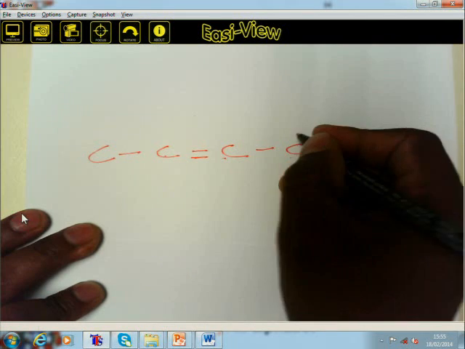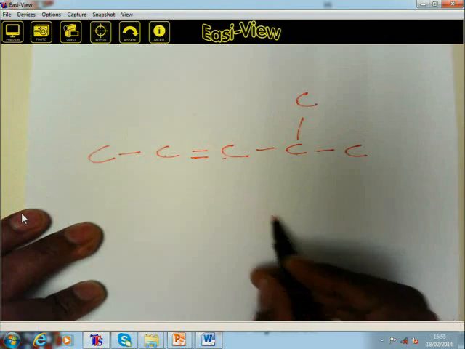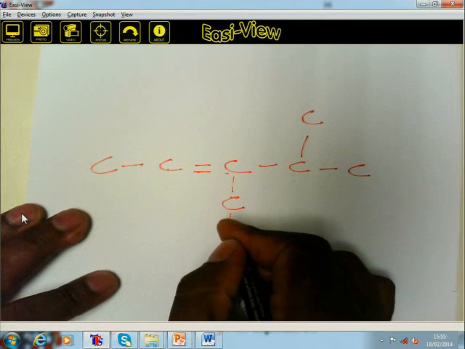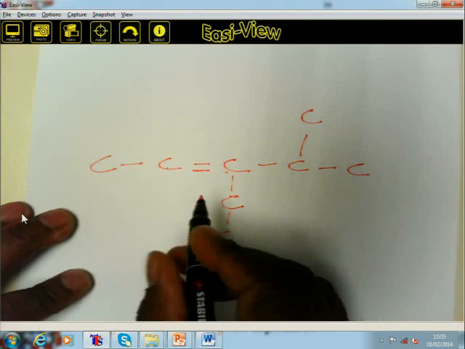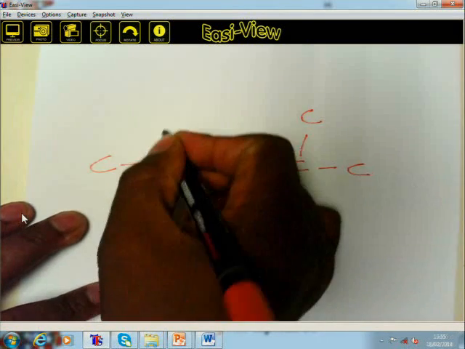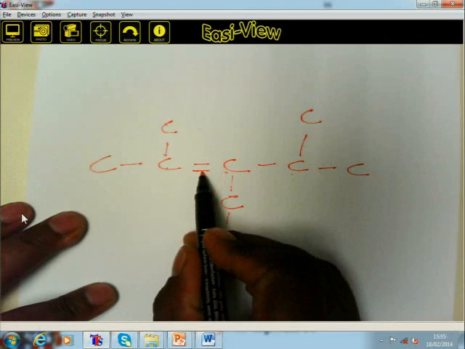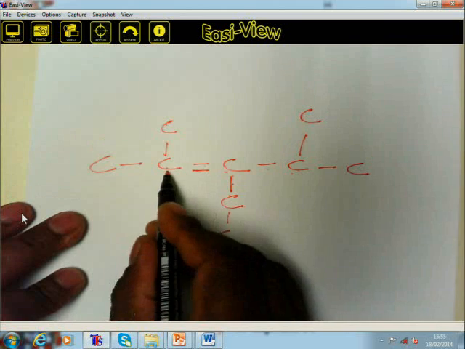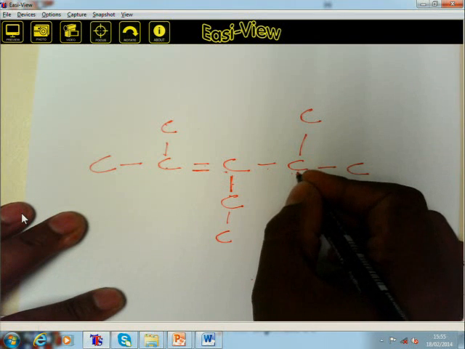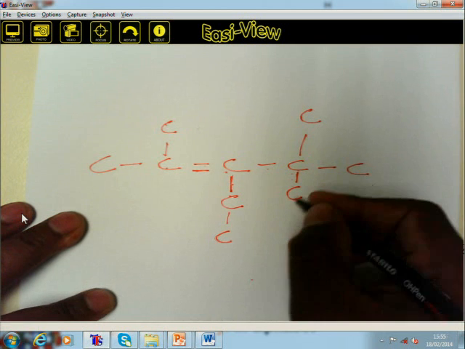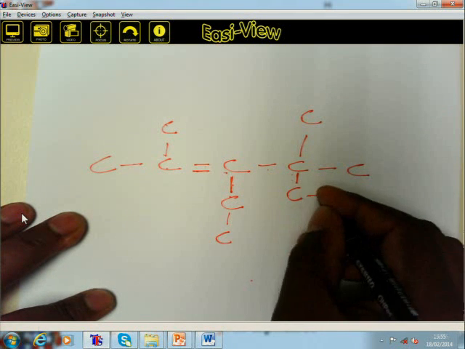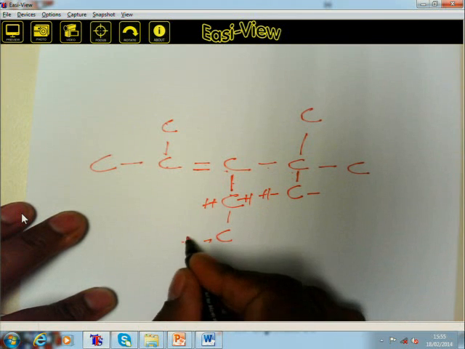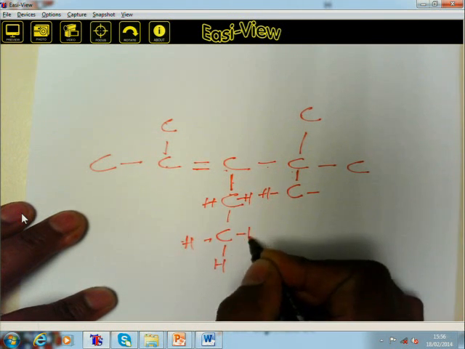And then we had a substituent there, 1, 2, 3. We had another substituent there with the double bond and 2 carbons. I'm going to put another substituent there with 1 carbon, 1, 2, 3, 4. Let me put another one there, 1, 2, 3, 4, and the hydrogens around each substituent and the parent chain.